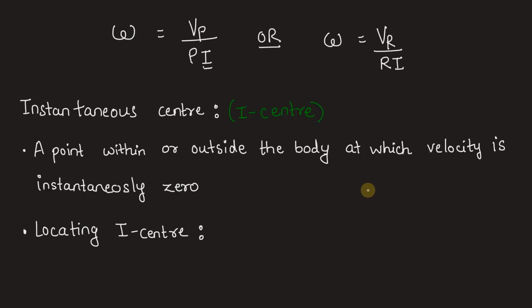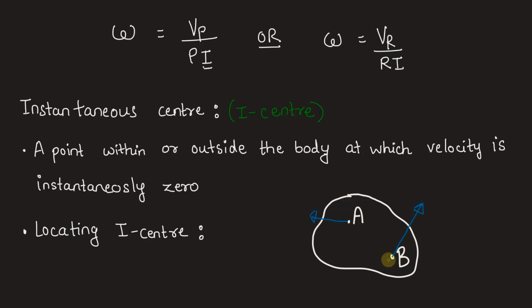Now for locating the I center, let's consider a body in which there are two arbitrary points, point A and point B. Let's say the velocities at point A and point B are directed somewhat like this. To find the instantaneous center of this body at this instant, when the body is of course rotating, because the velocities are in these arbitrary directions, the body is going to rotate.